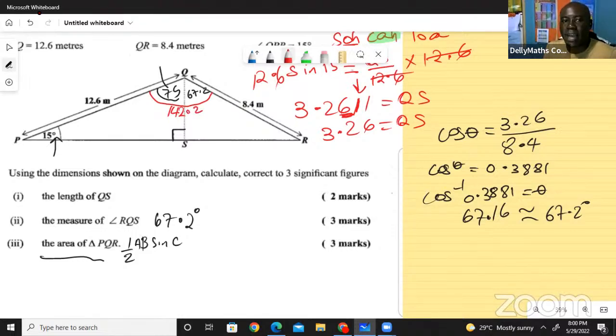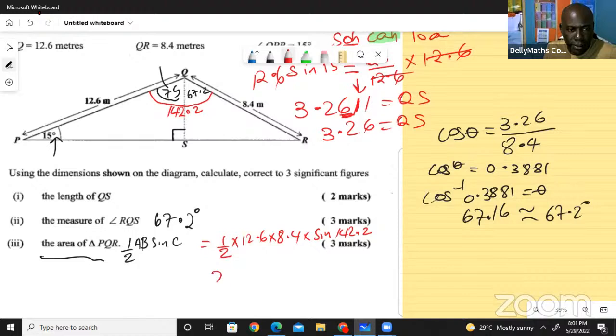So because I have the angle between these, I am able to utilize this formula down here by saying a half times 12.6 times 8.4 times the sine of the angle, and it's going to give me the area immediately. So that is something that we want to make sure that we have, using trigonometry where necessary to find the area of triangles.